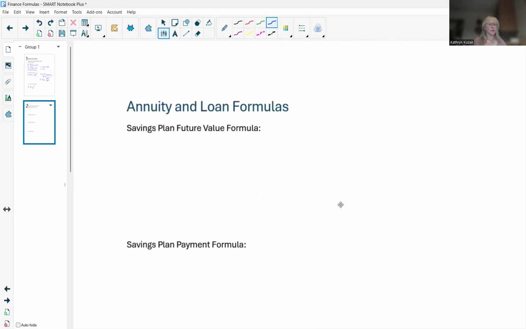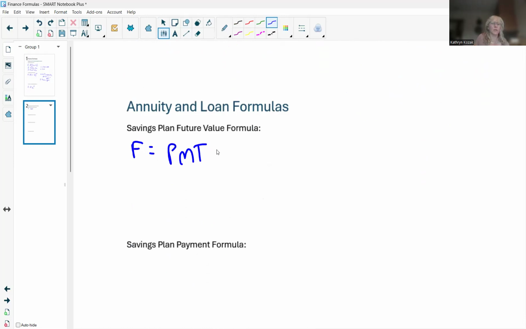Some other formulas we deal with are the annuity and loan formulas. So we have a savings plan future value formula. That is where your future value is equal to your payment.